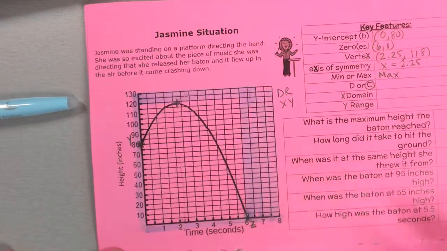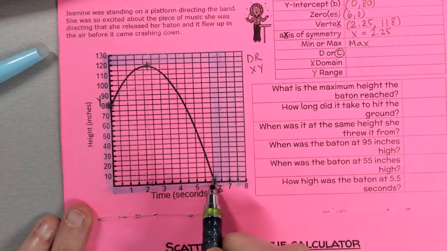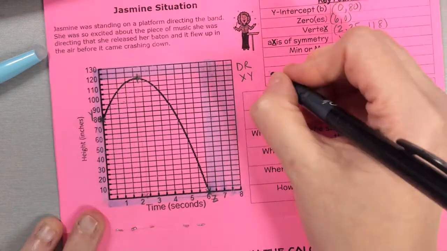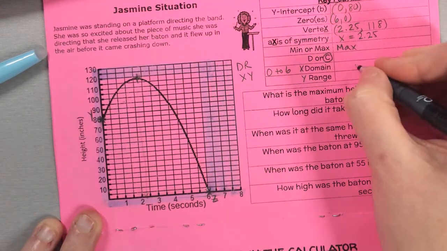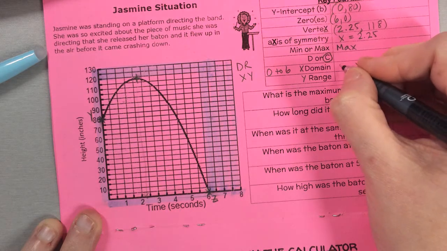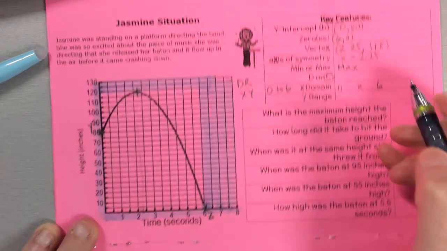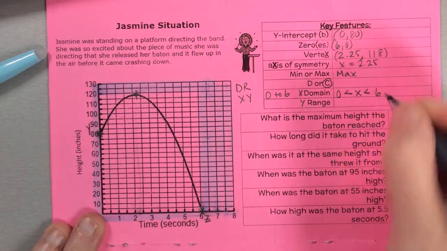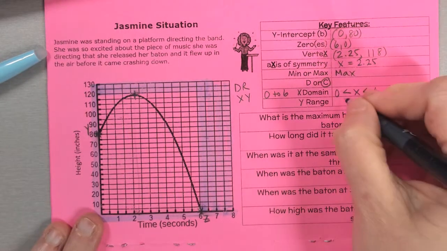Okay, so when I look at my domain, I'm looking at my x values. Well, my x values inside the box go from 0 to 6. And again, we would write that as an inequality. We'd put the x in the middle, 0 on the left, 6 on the right, because we put the smaller number on the left and the bigger one on the right. We put less than signs around it. And then we look, do you see any bubbles? Nope.